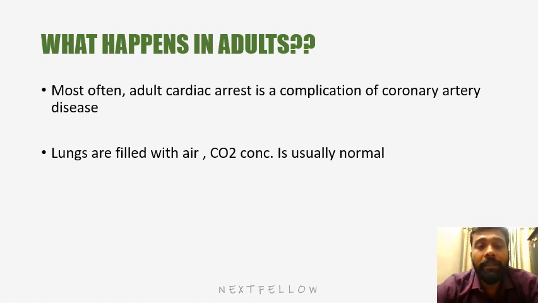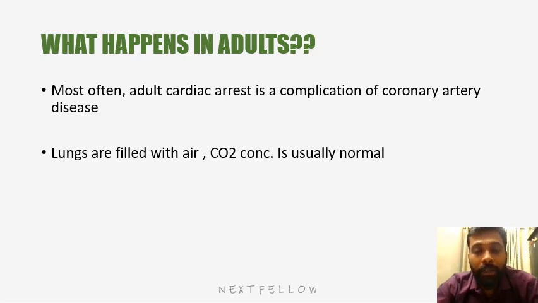At the time of arrest, the adult victim's blood CO2 and blood oxygen content is relatively normal, and the lungs remain filled with air. During adult resuscitation, the chest compressions maintain circulation until some form of support, either electrical defibrillation or medications, restores the heart's function.